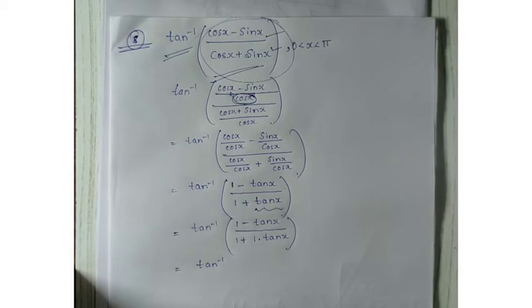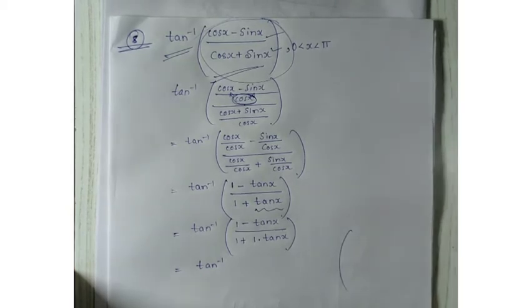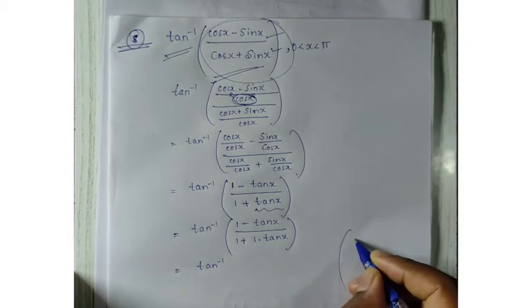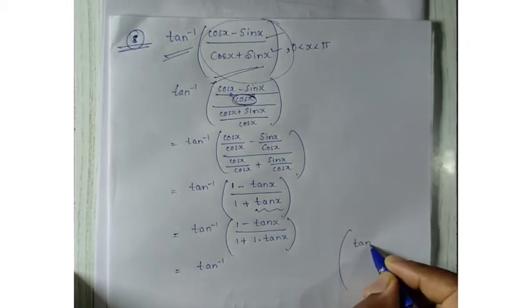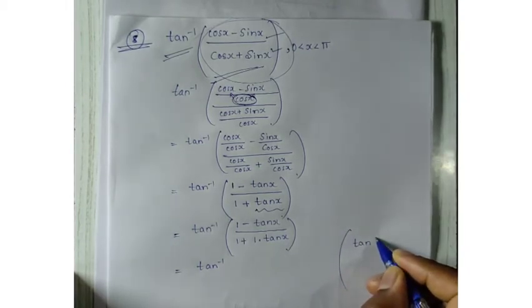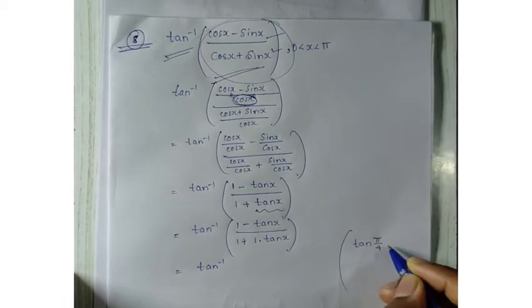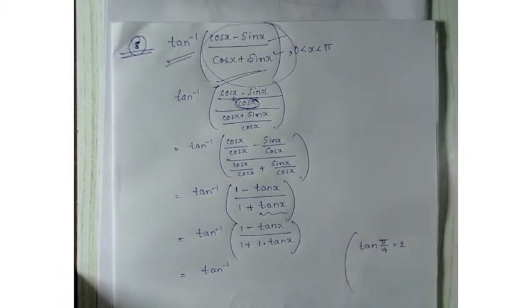I'll not write each and every one in terms of tan function. Wherever it is necessary, there only I'll write. You'll get to know why it is so. Fine. So how to write 1 in terms of tan function? We know that tan 45 degree, that is tan pi by 4, is 1, right?